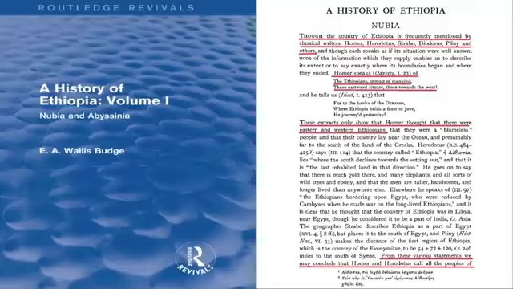And so this is from A History of Ethiopia, Volume 1, Nubia and Abyssinia, by E.A. Wallis Budge. And he says, though the country of Ethiopia is frequently mentioned by classical writers, Homer, Herodotus, Strabo, Diodorus, Philippi, and others, Homer speaks in the Odyssey of the Ethiopians, uttermost of mankind, these eastward, those towards the west.